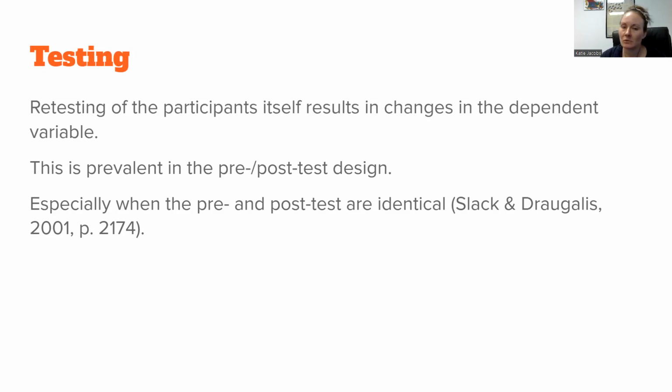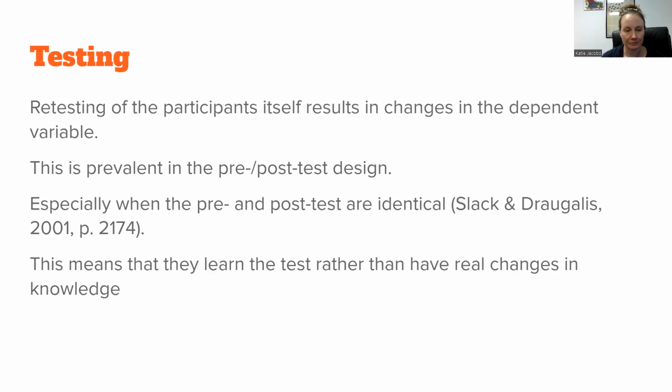That kind of analysis would be a dependent samples t-test because we would be using a within group design where we use the participants in both levels of the independent variable, or both groups. And so we would use the dependent samples t-test for this. So if the results are just because they took the test twice, that means a lot of times that they just learned the test rather than having real changes in the knowledge that they have.